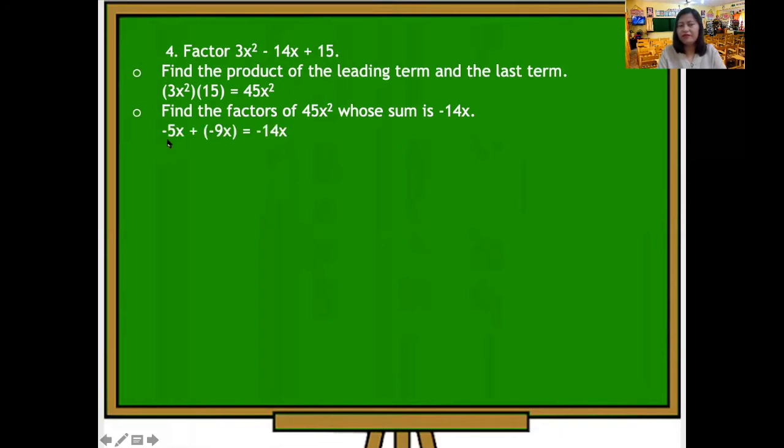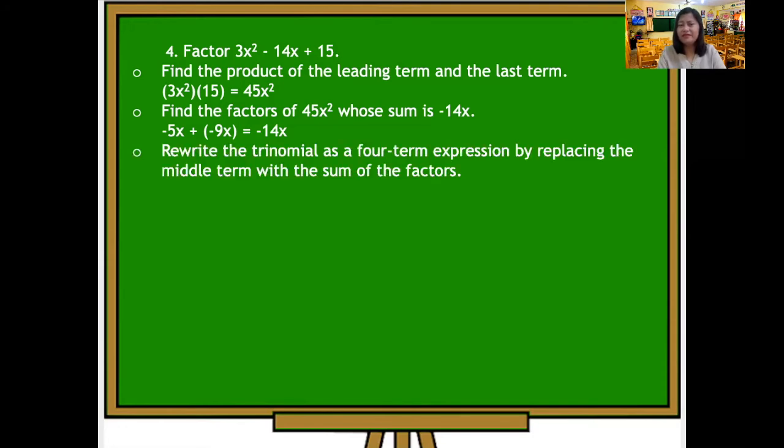We have negative 5x and negative 9x. We check the product. Negative 5x times negative 9x is 45x squared. And the sum, negative 5x plus negative 9x, is negative 14x.